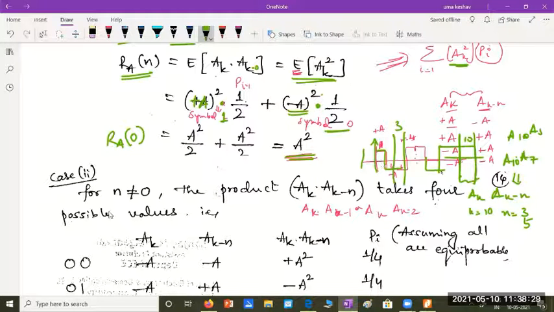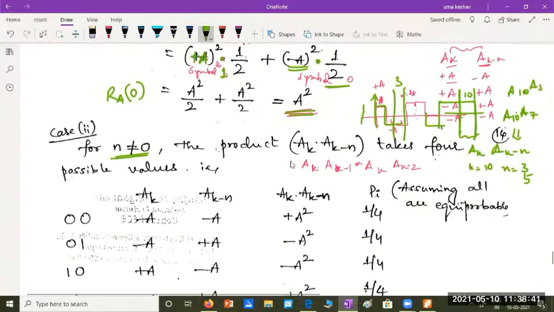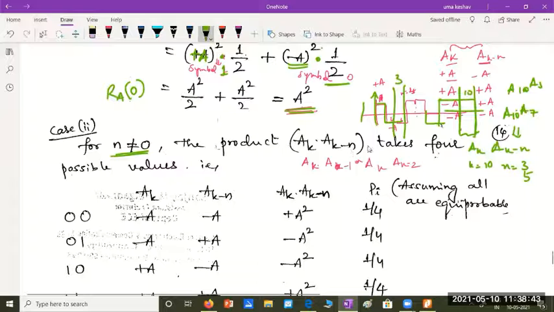So I'll consider this second case as n not being 0. N can be anything, okay, other than 0. When n was 0, we took the condition, first condition. When n is not equal to 0 and k is changing, since I have two binary values, I have the values 0 and 1.